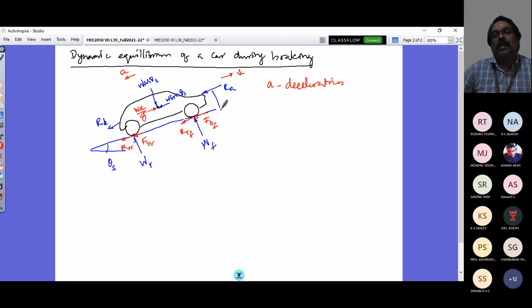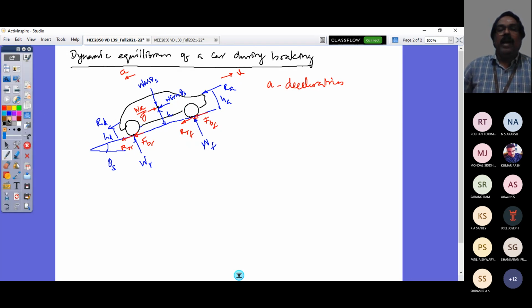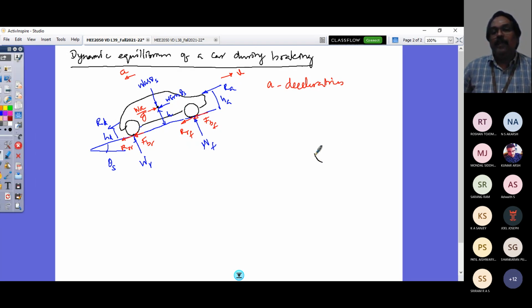These two would come, acting at a distance HA and at a distance HT, and of course this CG location is at a height small h from the ground. So this is my free body diagram when the vehicle is braking, the dynamic equilibrium diagram. The same, if I look at my individual tire.